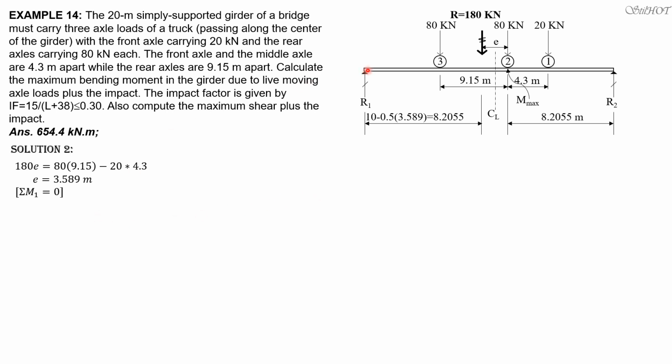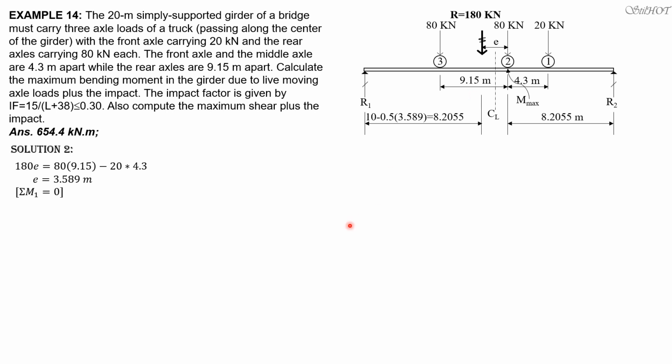Summation of moments about point 1, so that it's convenient to solve for maximum moment, is R2 times 8.2055 minus 20 times 4.3. You can also compute R1 if you want, and the moment at 2 is R1 times 10 plus 0.5 of E, then minus 80 times 9.15.